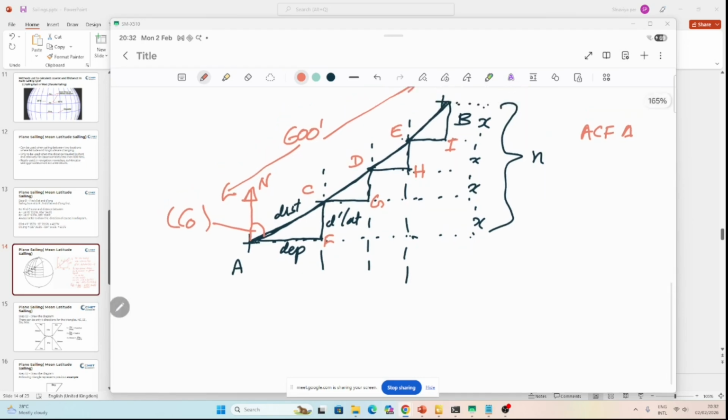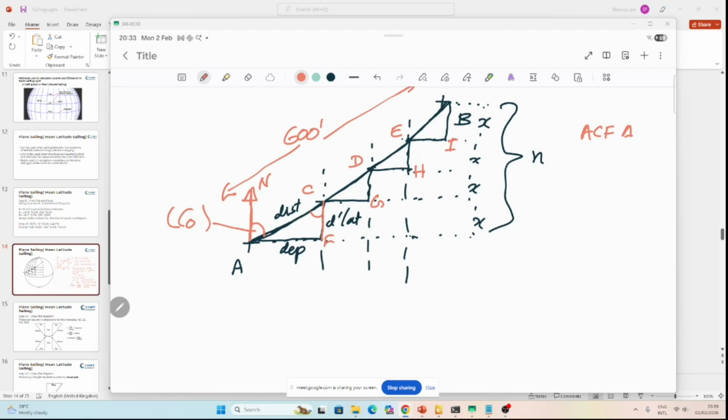As I explained earlier, you can consider this longitude and this longitude are parallel to each other because of the small distance. Because of that, this course will be equal to this angle as well. From mathematics, you know that these two angles are equal to each other, because these two lines are parallel to each other.